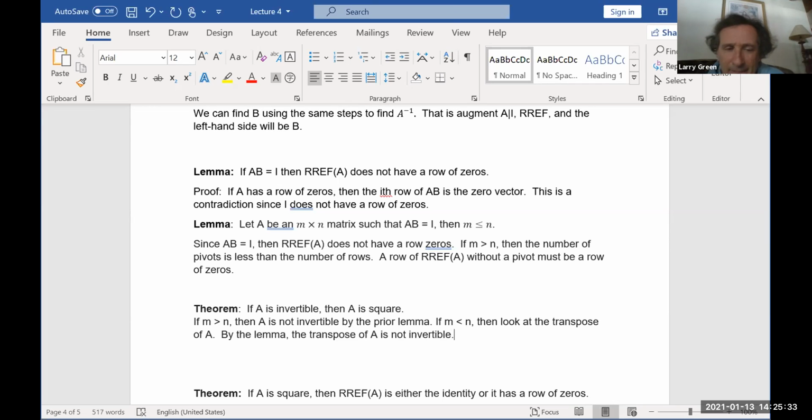But we had a theorem before that said that the inverse of A transpose is the transpose of the inverse of A. Remember, you could switch inverse and transpose, but there's a contradiction.